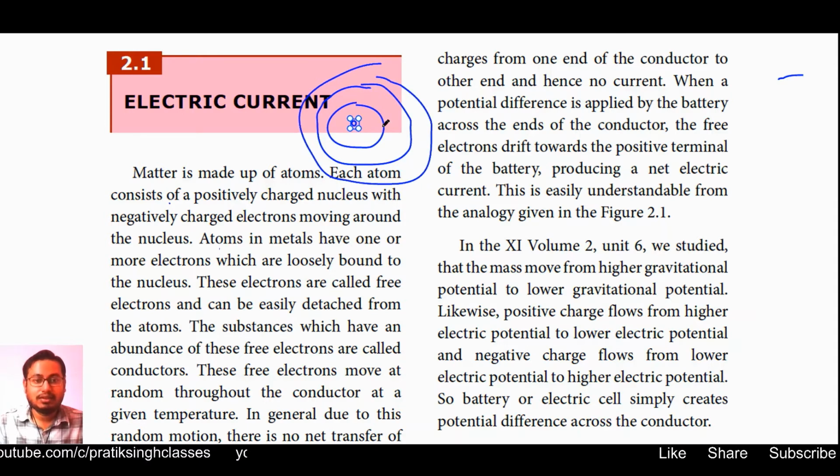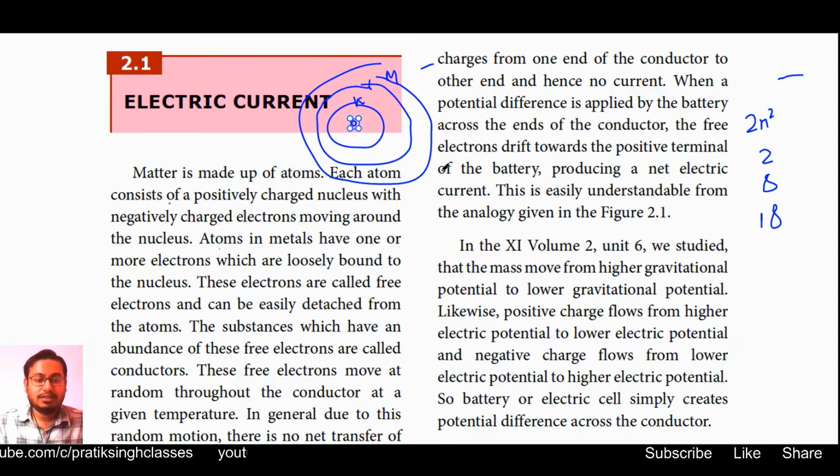The first shell is denoted by K, then the second by L, then M, and likewise. The number of electrons filled in any orbit is given by 2n squared, where n is the orbit number. So in the first orbit the maximum number of electrons is 2, in the second orbit 8, in the third orbit 18, and so on.